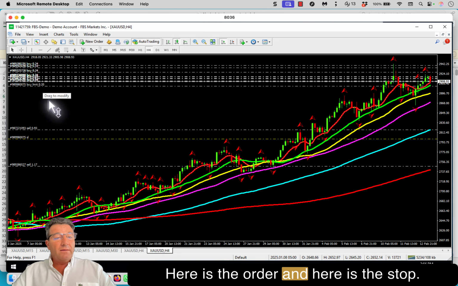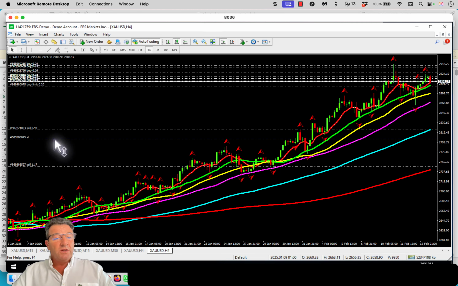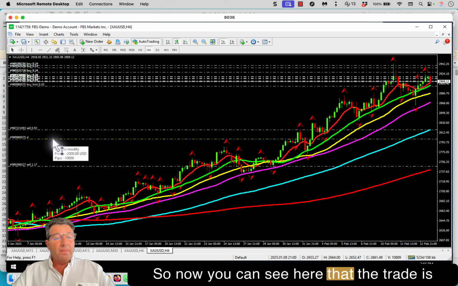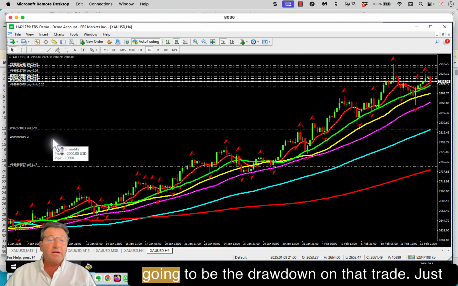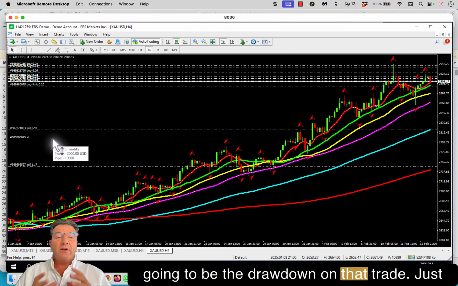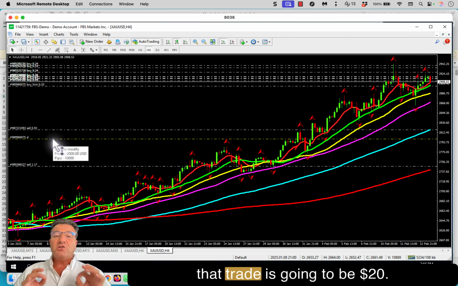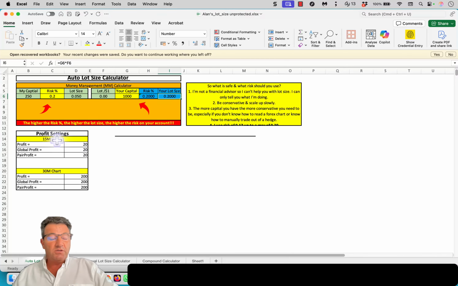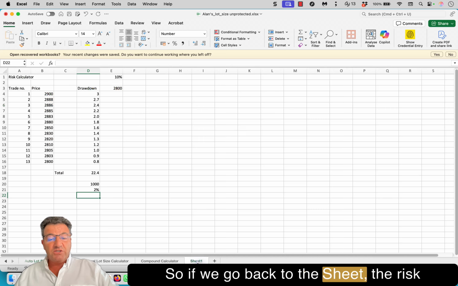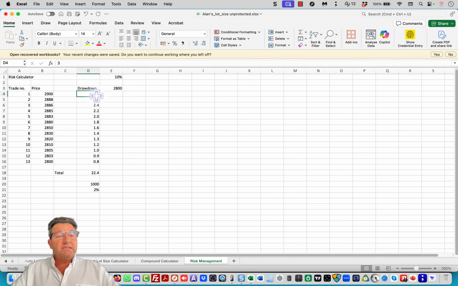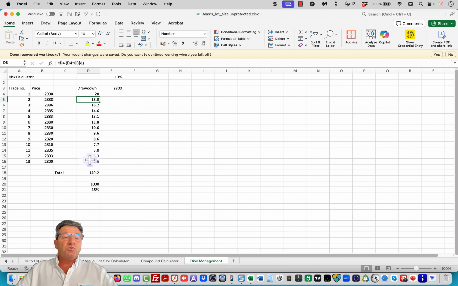Here is the order, and here is the stop loss. So now you can see here that the drawdown on that trade, just that trade, is going to be $20. So if we go back to the sheet here, the risk management, let's say the risk was $20 here. You now can see what the potential drawdown is per trade.